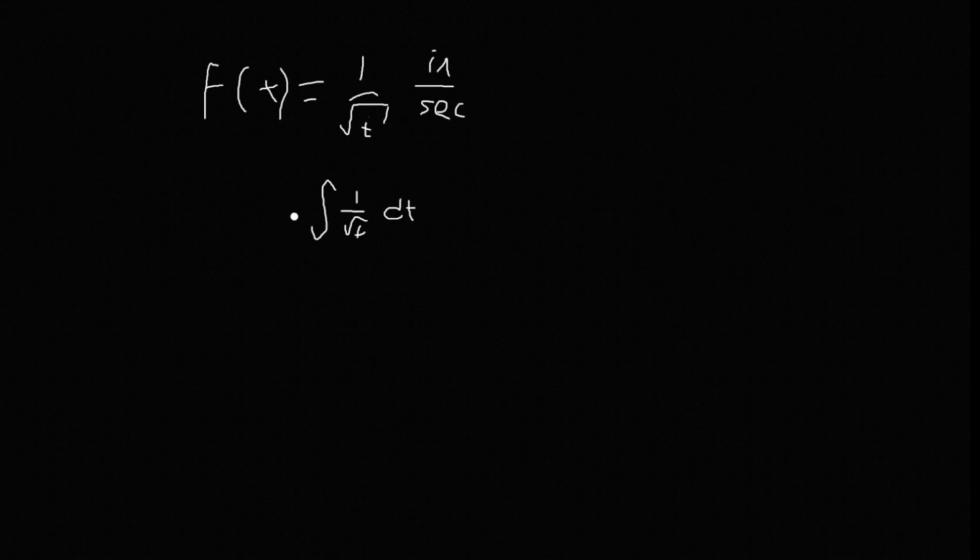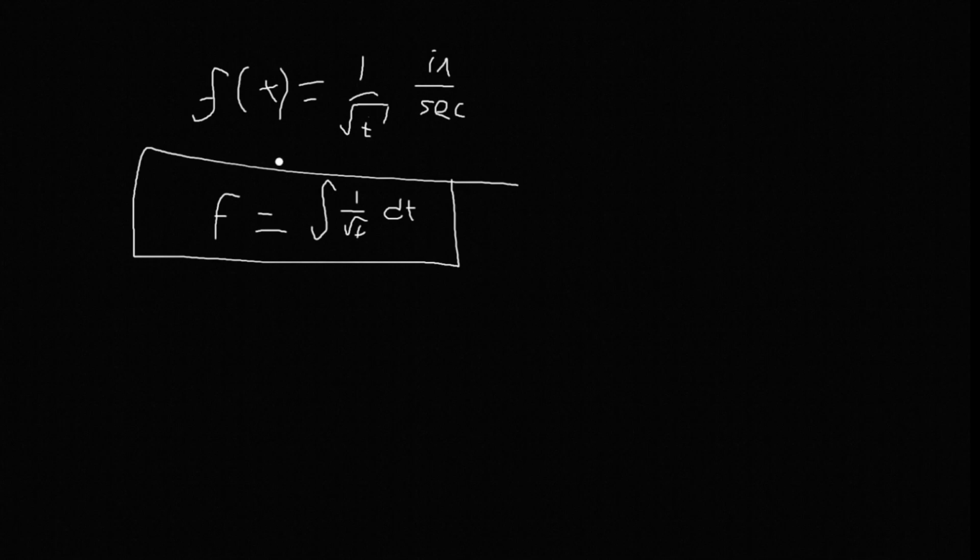So then we would just go dt, and then we would find, technically I think this would be lowercase f, if we wanted to use the fancy antiderivative notation. This is what you would do to solve for the actual amount of snow. If you were given a rate, then you integrate to find the amount.